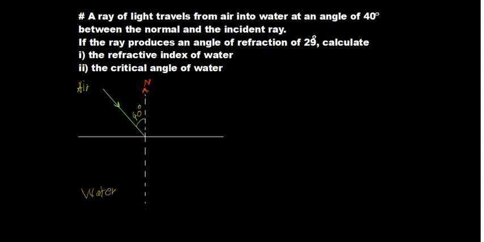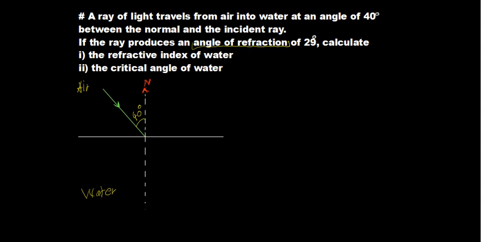Even before we show where the angle of refraction is, it's very important that we understand the difference between reflection and refraction, because if we get them wrong, we're going to put the angle in the wrong place, and that will make everything difficult.